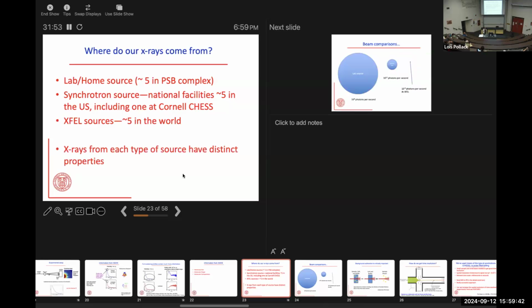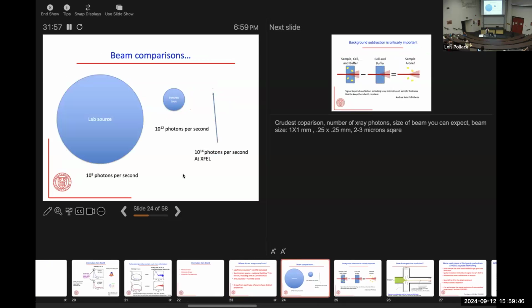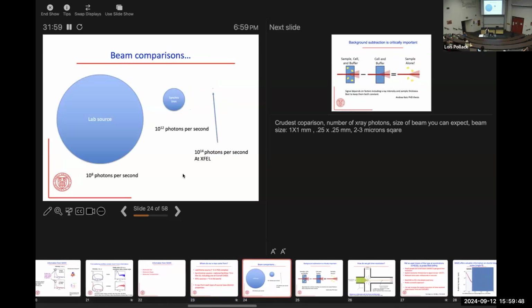Okay, so the X-rays from each source have distinct properties. So just to give you a sense of the comparison of the sources that I use, from our lab source, we get 10 to the 8th photons per second. This is not to scale. It's about 1 millimeter across, the beam that I get from my lab source.